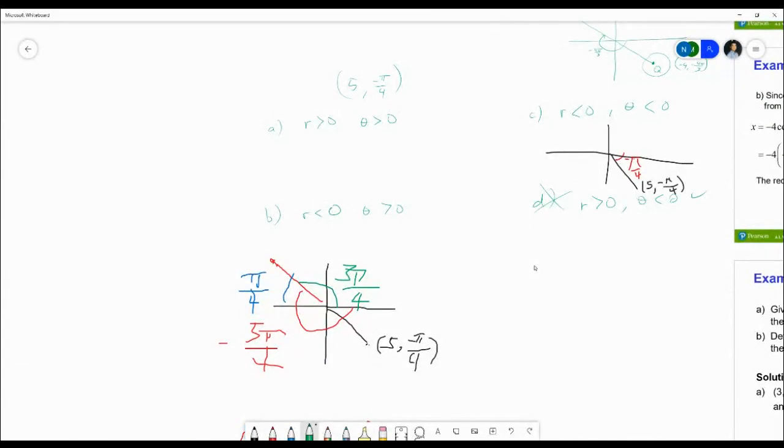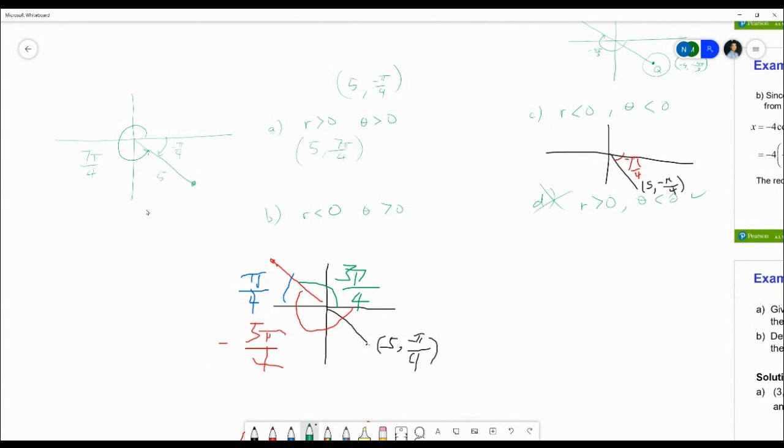Emma, you done? I'm still converting to rectangular coordinates. Okay, I think I'm done.